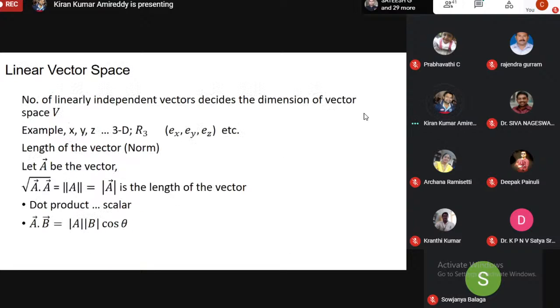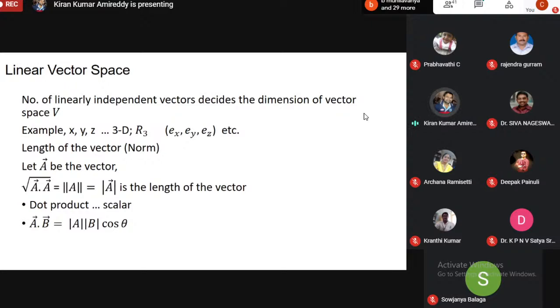The number of linearly independent vectors in the domain decides the dimension of that vector space. Suppose there are two independent vectors, then it is two-dimensional. Likewise, we have n-dimensional vector spaces. Here I gave an example of three dimensions, which we are familiar with. Now we know the dimension of that vector space.